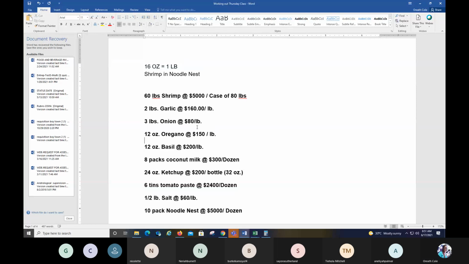What's the first thing we'd have to do? Convert pounds. The first thing you have to do is determine the amount of product that you need to buy.